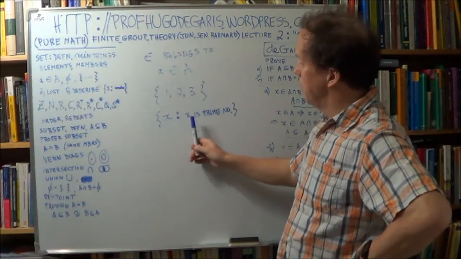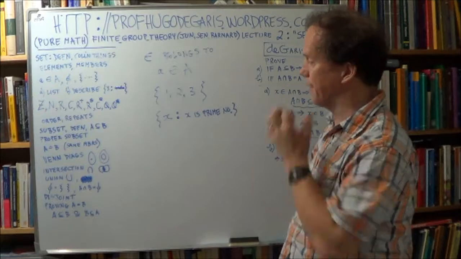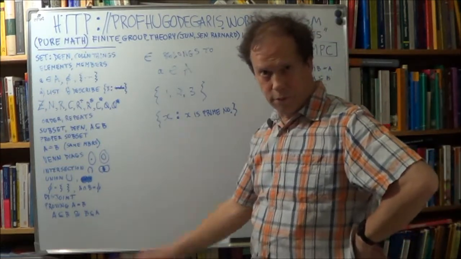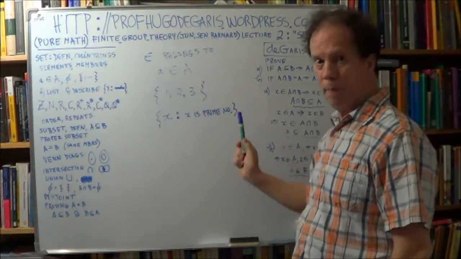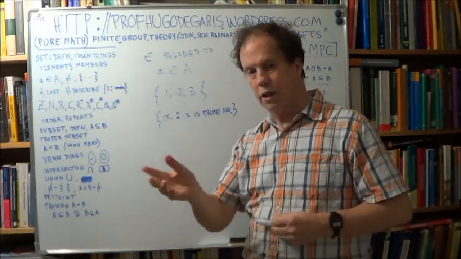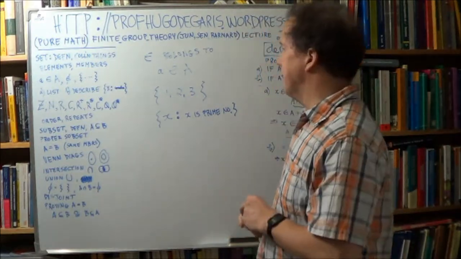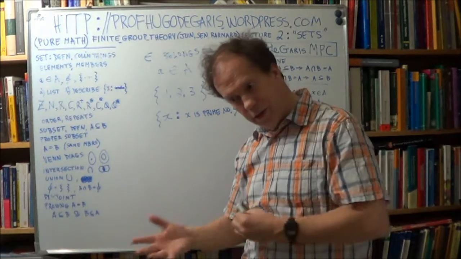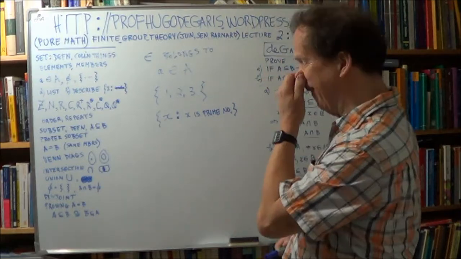You give a property or properties that these elements have to satisfy. So this set here is the set of all prime numbers. Now your specification, whether you give a list or a description, has to be clear, right? So that you know if a particular candidate element is an element or not. Now in the problem-solving section towards the end of this lecture, we'll go into that in a little bit more detail.